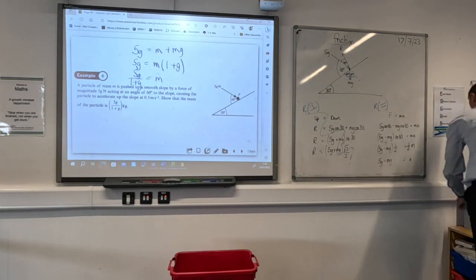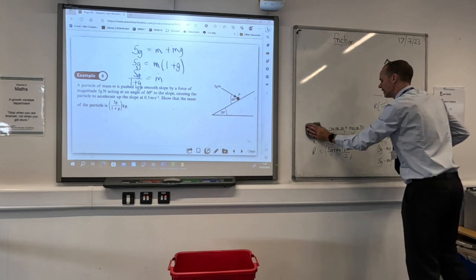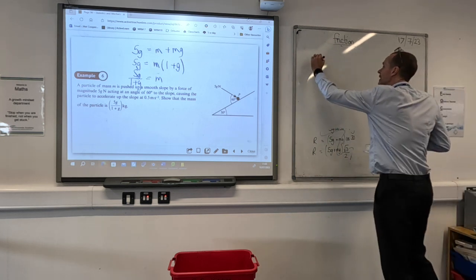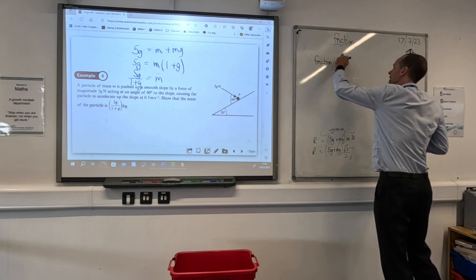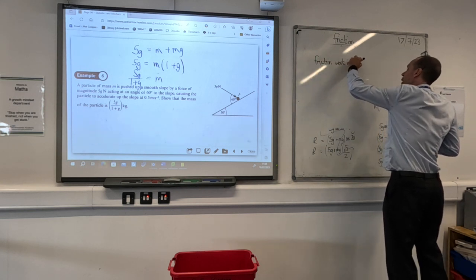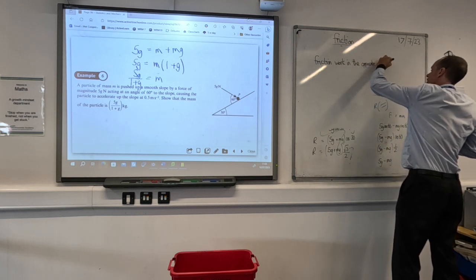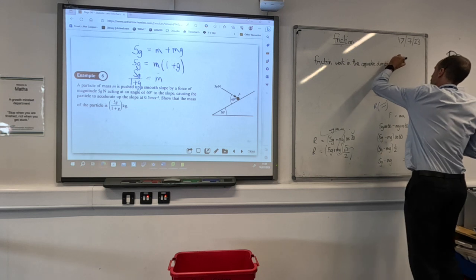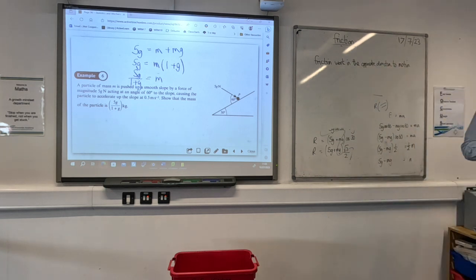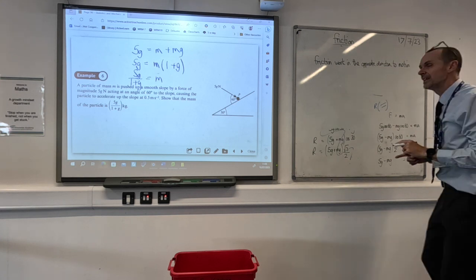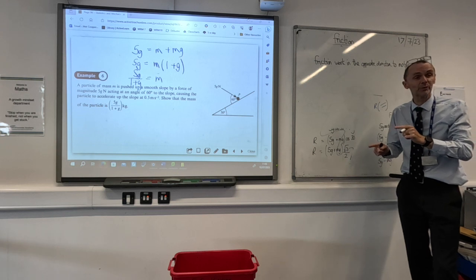So there's a couple of things that we need to be absolutely clear on. So friction works in the opposite direction to motion, but more than that, it works in the opposite direction to the direction the thing is going to move in.